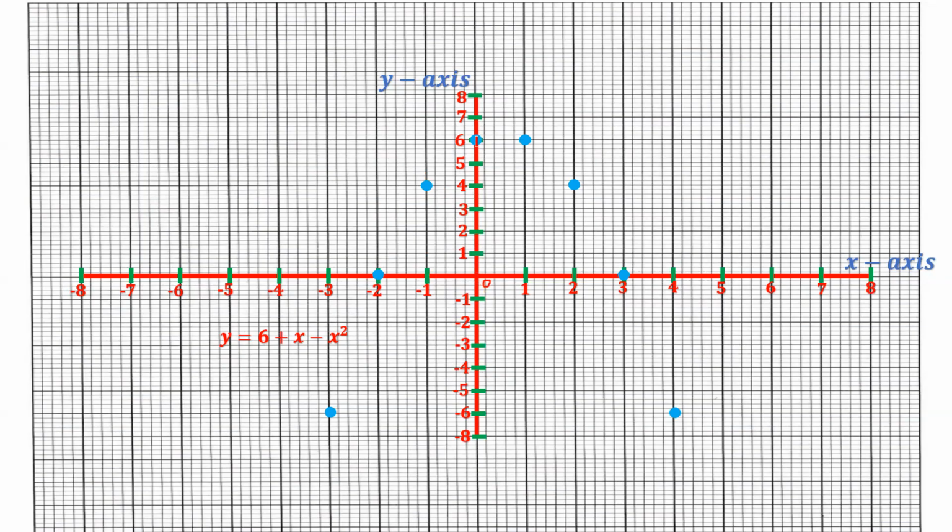We always start off with the x value. The next point is 1, 6. The next point is 2, 4. And the next point is 3, 0. And the next point is 4, -6, and that's this point right here.